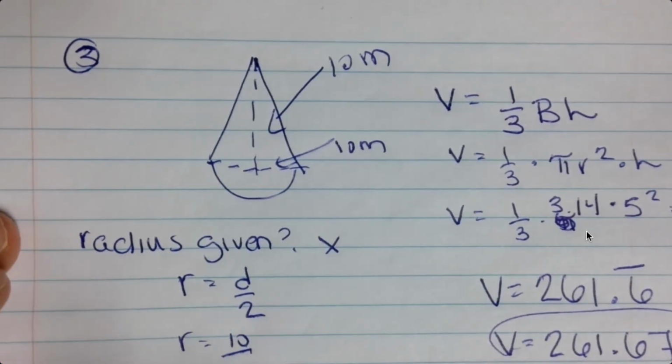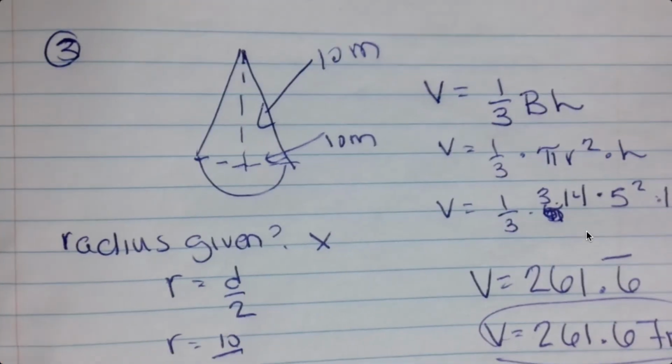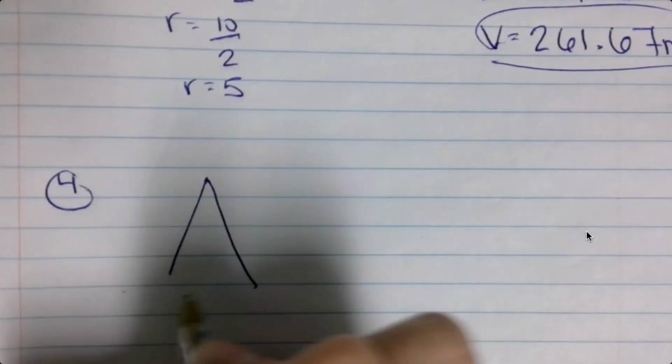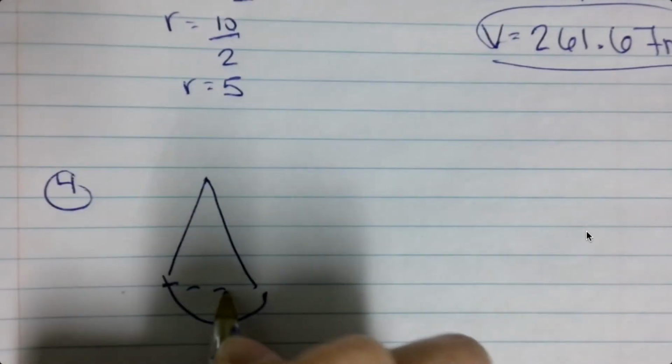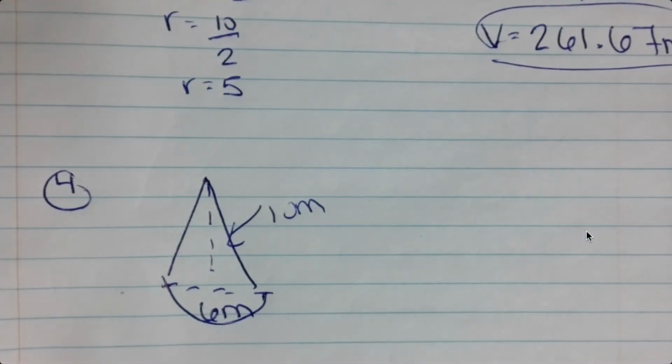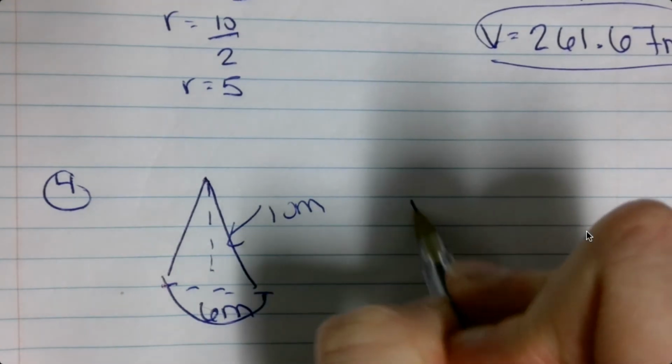All right, I want you to do the last one. This is going to be 6 meters. Going down the line is going to be 10 meters. Pause video, get that done. Welcome back.